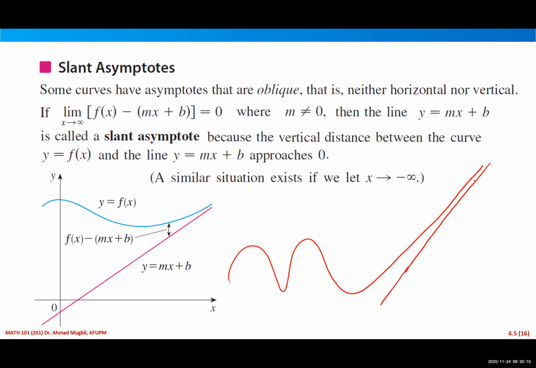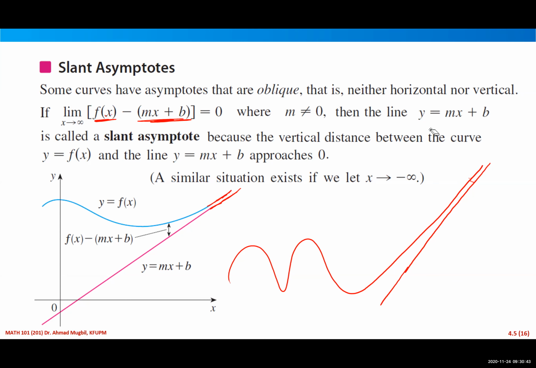The vertical distance between them is very small when x goes to infinity. So the difference between the function and the line, the equation of a line, usually written in terms of slope and y-intercept, is 0. So they are almost the same. They can be very close to each other when x goes to infinity or negative infinity, of course.